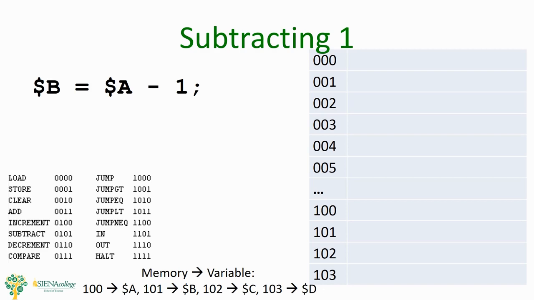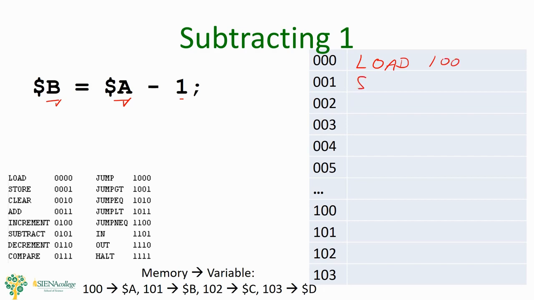Subtract 1. Since we've got B on one side and A on the other, we're going to need to load A first into the register, store it into B, and then subtract. So load A is load 100.